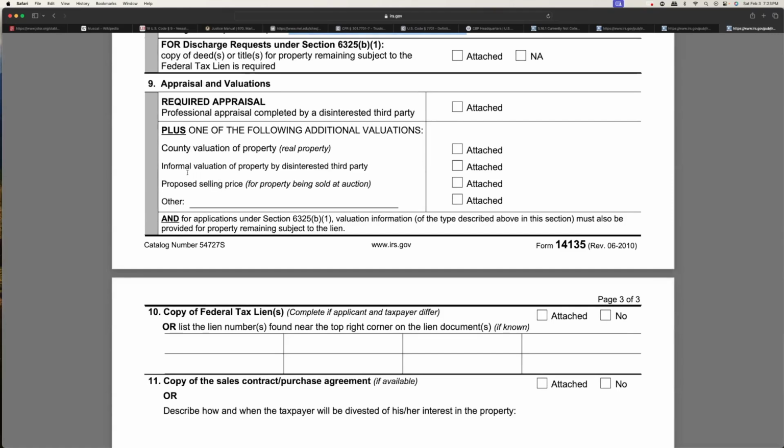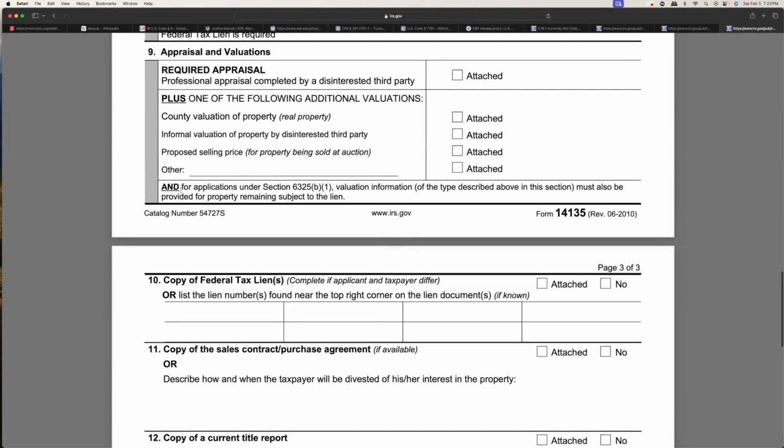If you have a third party that did that for you for valuation, you can include it, but otherwise we leave that alone. Proposed selling price for the property being sold at auction, we don't have that. And there is nothing else for the other. So just your tax bill right here, and that will show your county valuation.